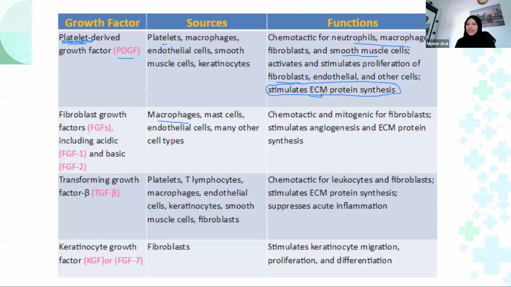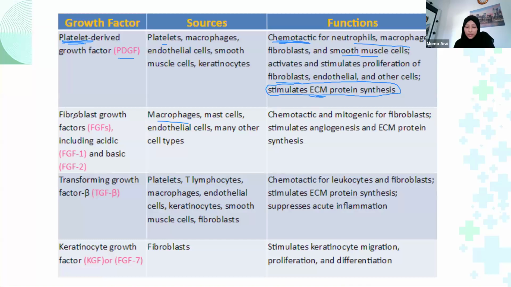Because again, remember we said the matrix is important, so PDGF, platelet-derived growth factor, is important in maintaining the matrix so that the regeneration or repair can happen. Okay, and again, it can stimulate proliferation, division of all these kinds of cells, and it can act also as signals for white blood cells. There's an easier diagram I'll get back to, and I'll talk more about this one.